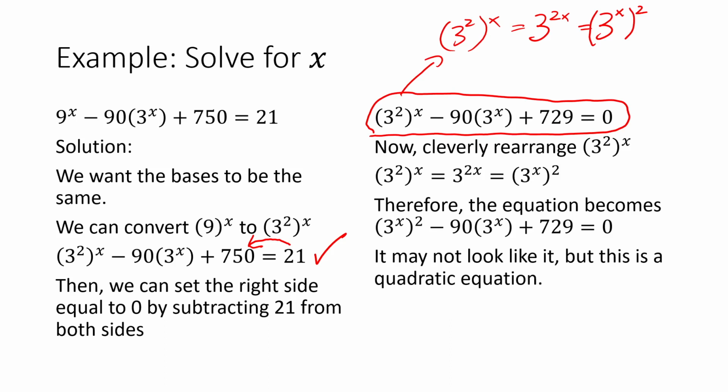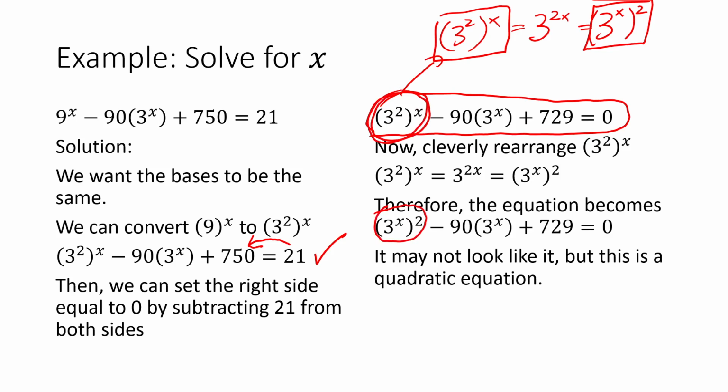So in other words, 3 squared raised to the exponent of x is the same as 3 to the x raised to the exponent of 2. So what we do is take this term right here, the one I'm circling, 3 squared to the exponent x, and we call it 3 to the x to the exponent 2.